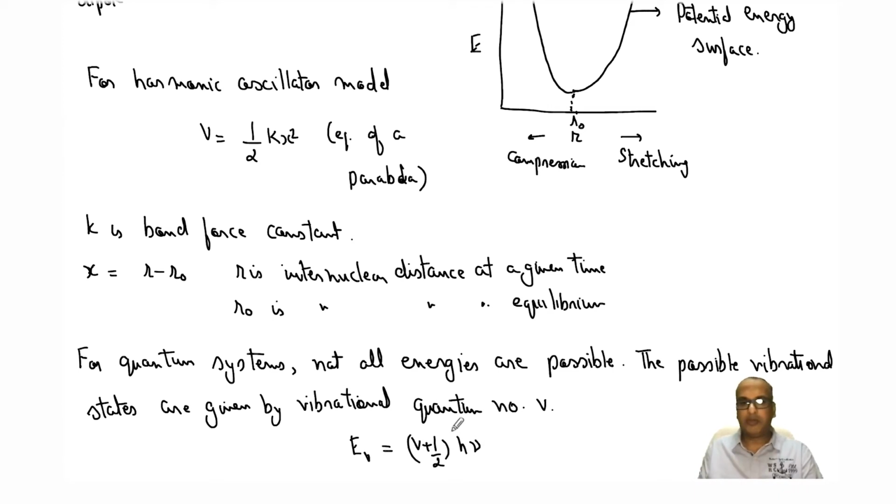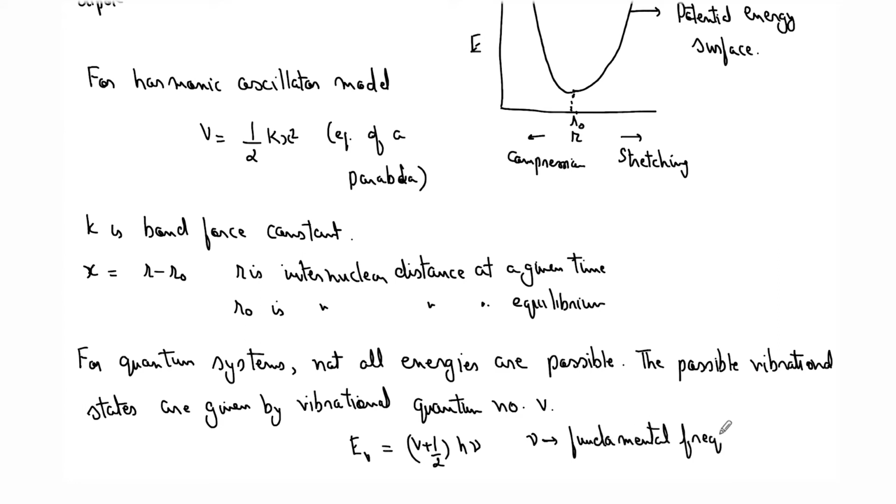Now do not get confused between v and nu. So v is the vibrational quantum number and nu is the fundamental frequency. So we can also write an expression for nu.